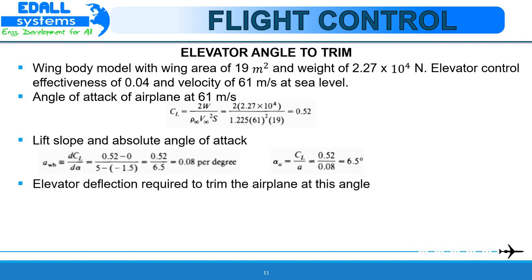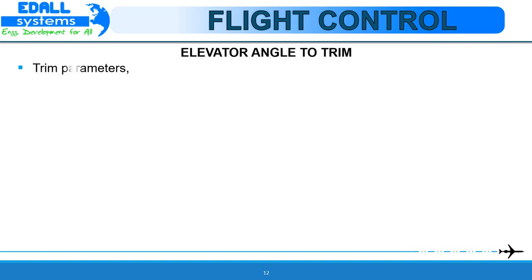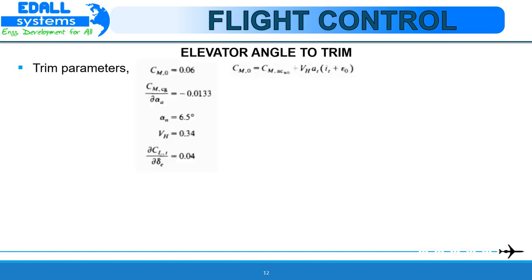Elevator deflection required to trim the aeroplane at this angle is given as Cm0 plus dou Cm Cg by dou alpha A into An by Vh dou CLT by d delta E. Now to find each and every parameter in this equation, Cm0 is equal to 0.06, which can be found out from the aircraft stability course as discussed.